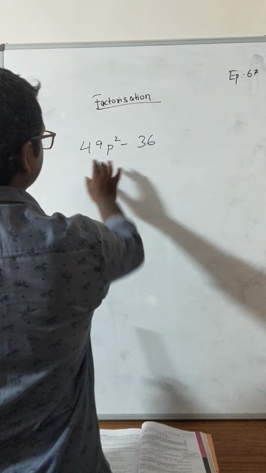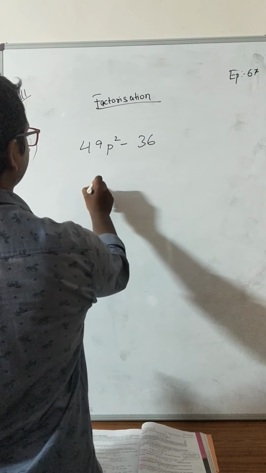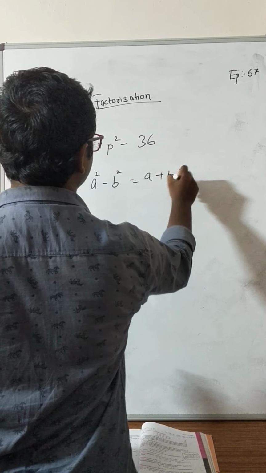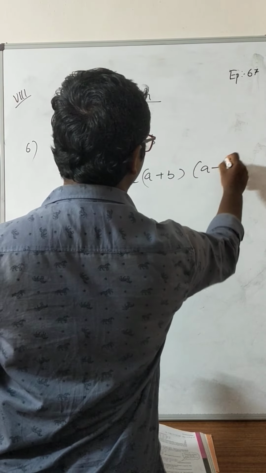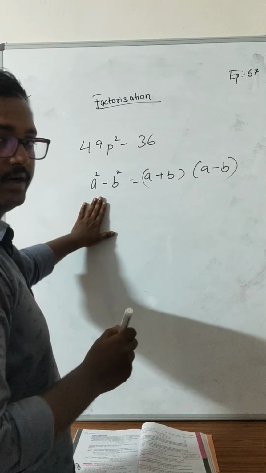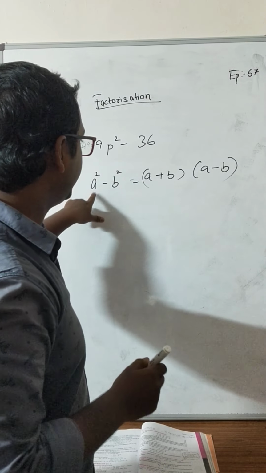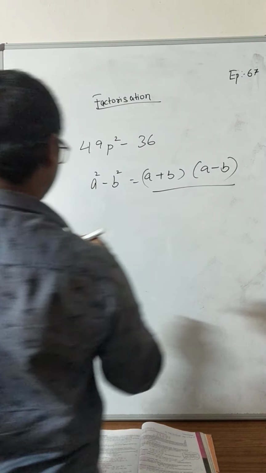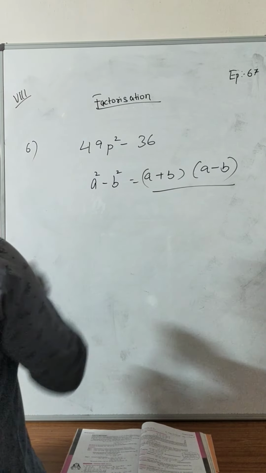See here, this is actually a square minus b square is equal to (a plus b) into (a minus b). This is identity 3. What we are given here is a square minus b square, and we have to expand this in this form.